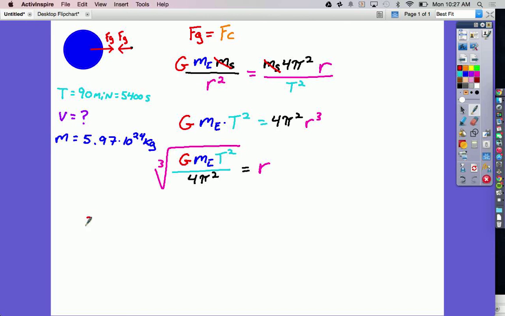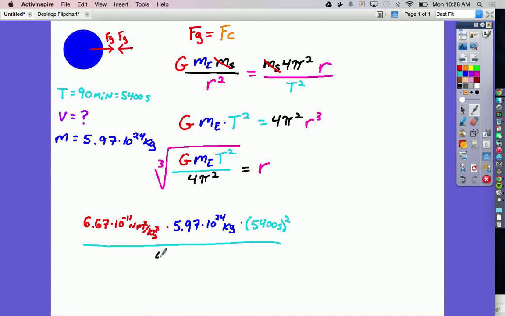So the G is 6.67 times 10 to the negative 11th Newton meters squared per kilogram squared. The mass of the Earth is given at 5.97 times 10 to the 24th kilograms. Our time is 5,400 seconds, and we square that.